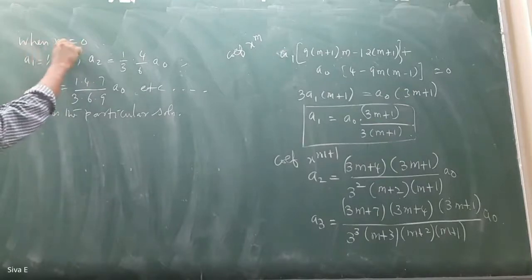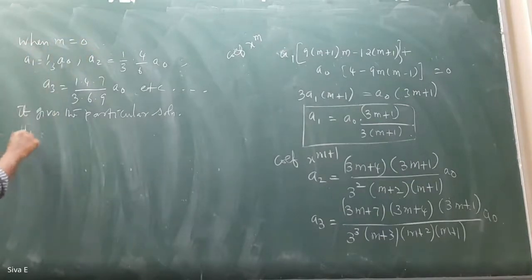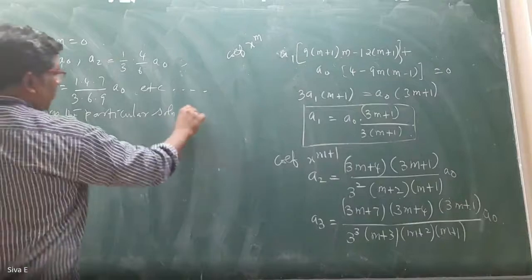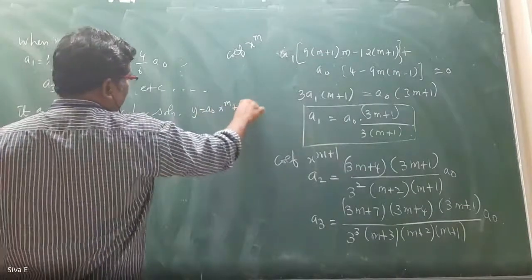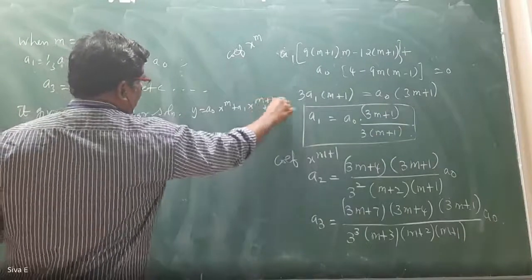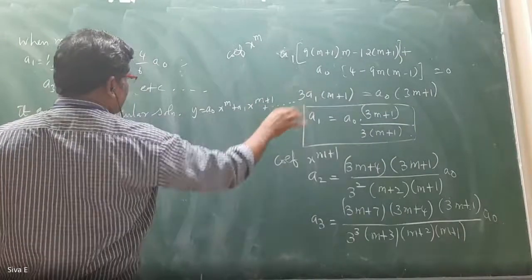At m equal to 0, we can write that first y is the general y equal to a naught x power m plus a1 x power m plus 1 plus a2 x power m plus 2, etc.